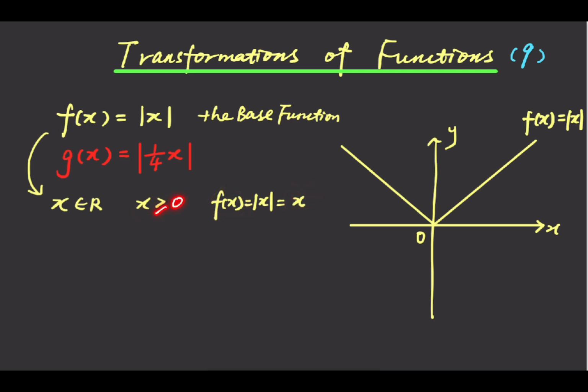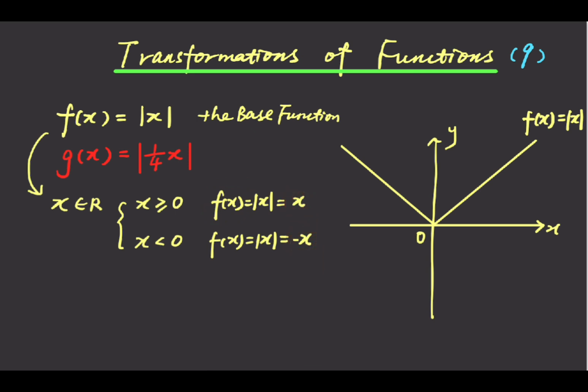If it is 0, then f(x) equals 0. If x is a negative number, this function equals the opposite number of x. Here, this number is a positive number. So, for different situations, f(x) can be changed to different expressions.